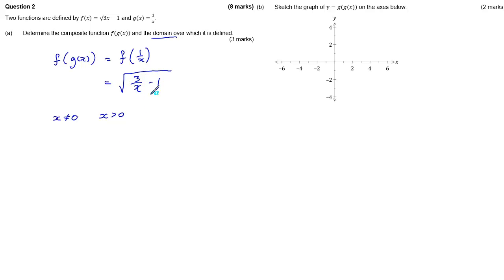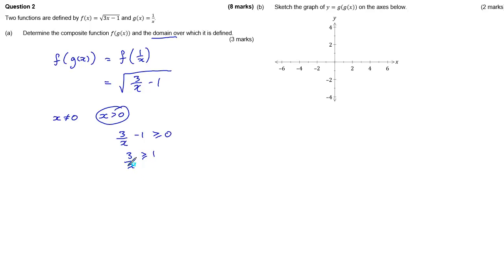Now, what else could make this negative? Well, let's think about, first of all, x being positive, because we already decided that. 3 over x minus 1 must be greater than or equal to 0. So 3 over x is greater than or equal to 1.